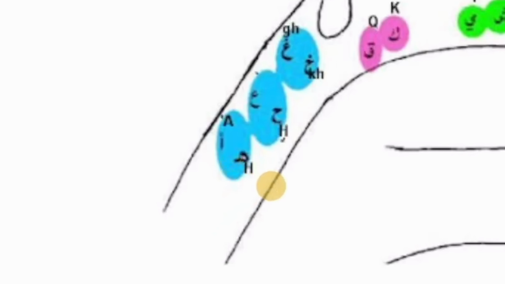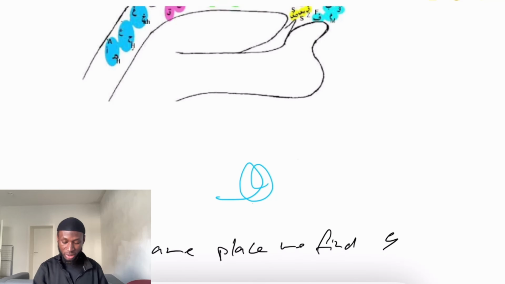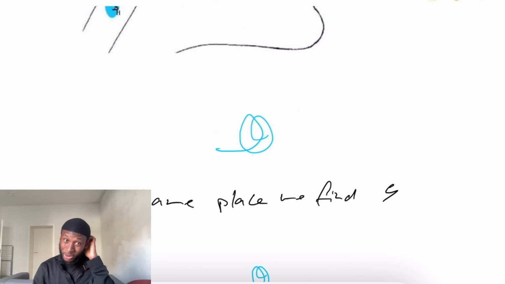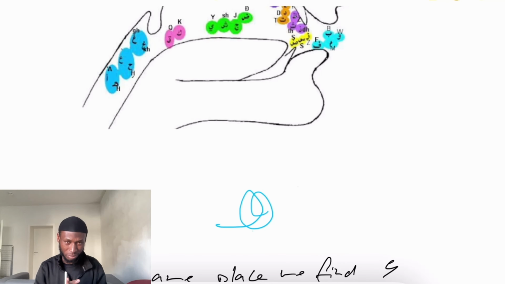Now, I'm not going to tell you that ha, the way they write it here, is the same as H, because you have ha here, and then another ha here. So what's the difference? That's why my main concern is to tell you where the letters come from, where we can generate the sound of this letter.